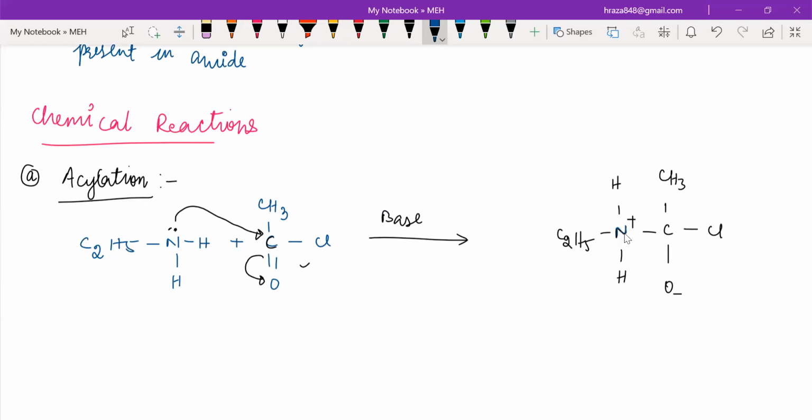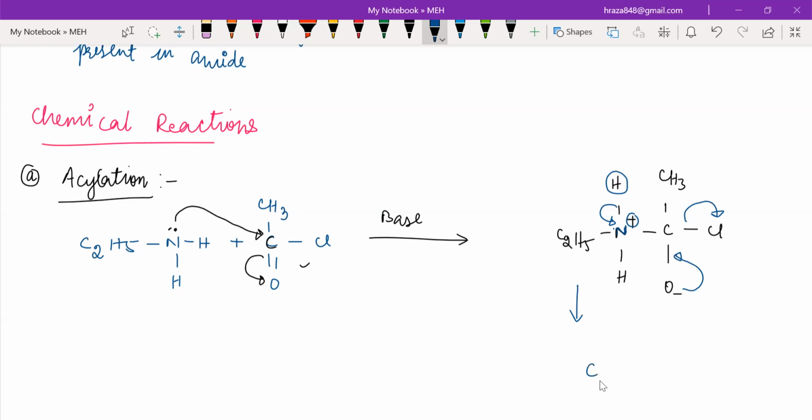Nitrogen is the third most electronegative element, so the positive charge is unstable, so it will take electron from this hydrogen, and this chlorine will take electron from carbon, and this oxygen will give an electron to this. So what will happen here?